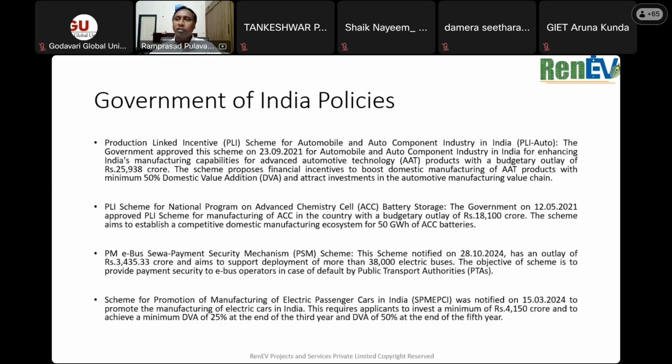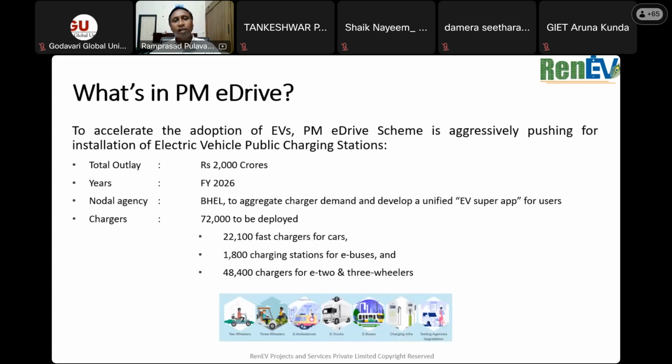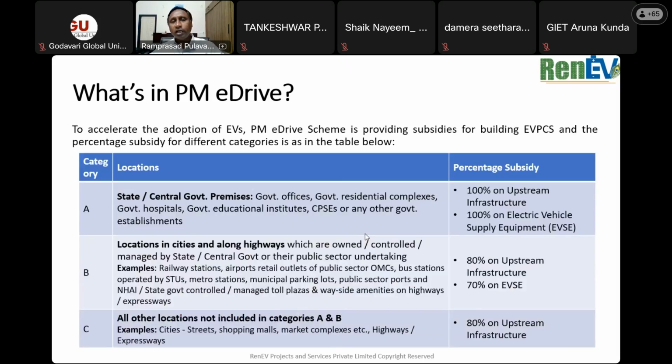Then there are production linked incentives for automobile manufacturers, production linked incentives for advanced chemistry cell battery storage, PM e-Bus Sewa, and promotion of manufacturing of electric vehicle passenger cars. And then there is PM E-DRIVE, and we have seen what is there in PM E-DRIVE. These are on the central government policies side.